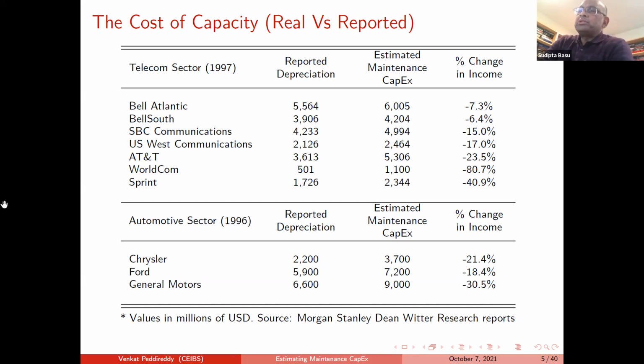So one point was just that maintenance capex seems to be really relevant for free cash flows, because that's part of what we think of as free cash flows. So to the extent that analysts focus on that, that's another motivation for why this exercise is useful. And then the other point I made was that in the old days, railroad accounting and I think even telecom accounting had other methods that were more like inventory accounting.